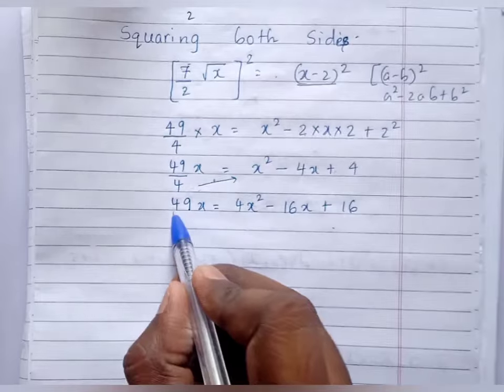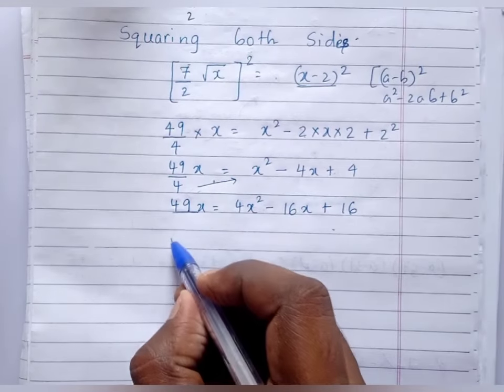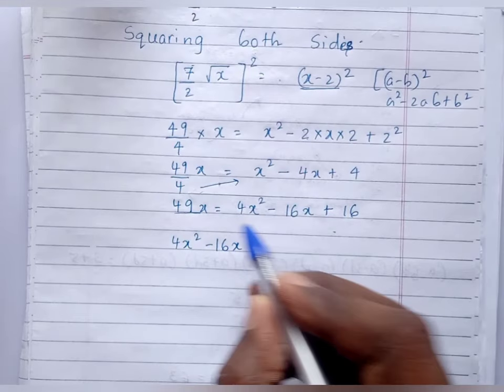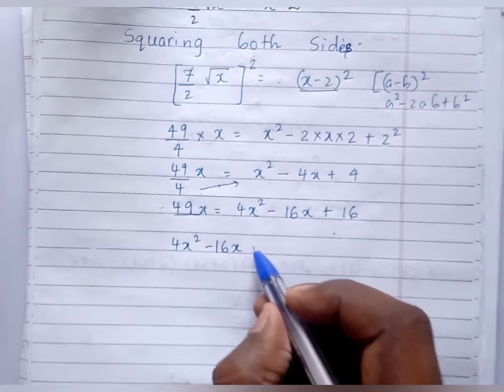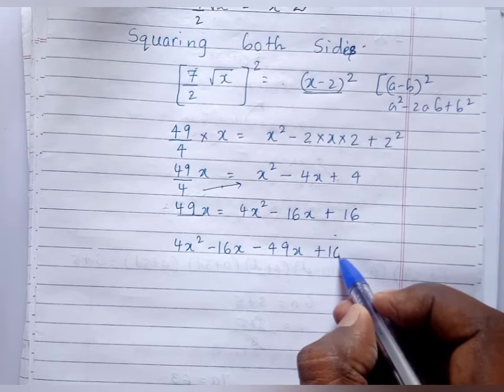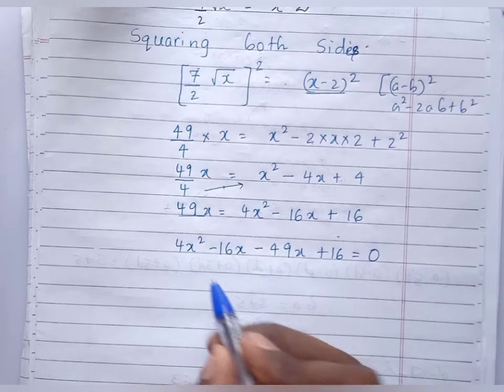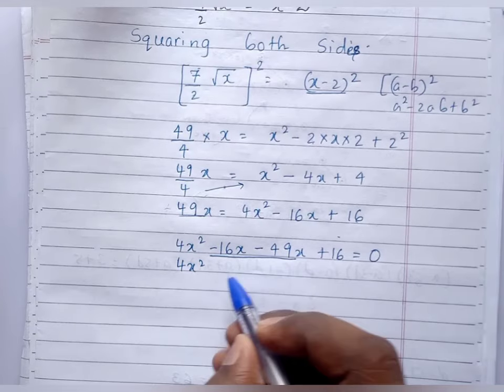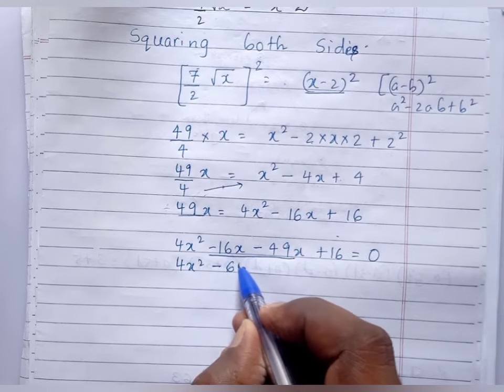Now I'll shift this 49x to RHS. What you get? 4x square minus 16x. So you are shifting plus 49x to RHS, it becomes minus 49x plus 16 equals 0.